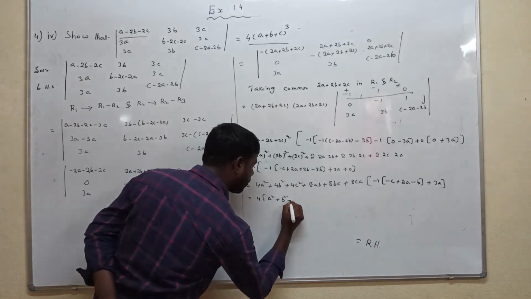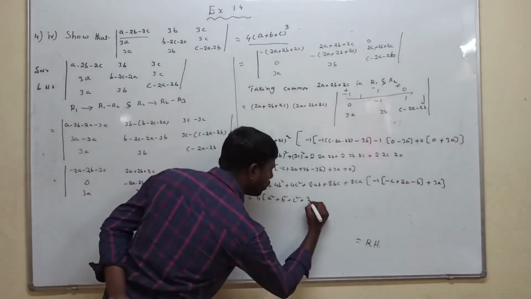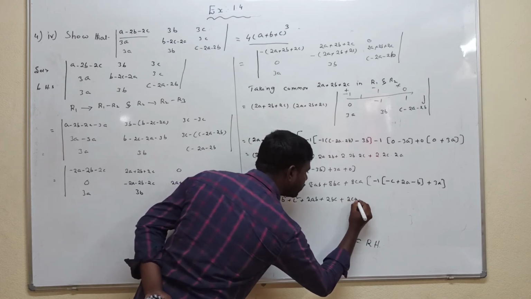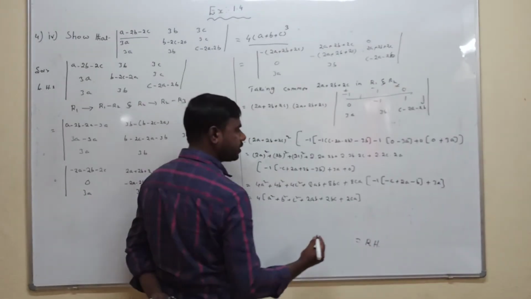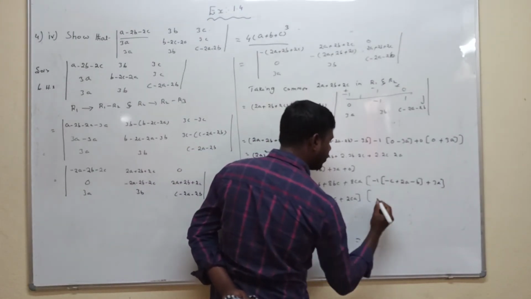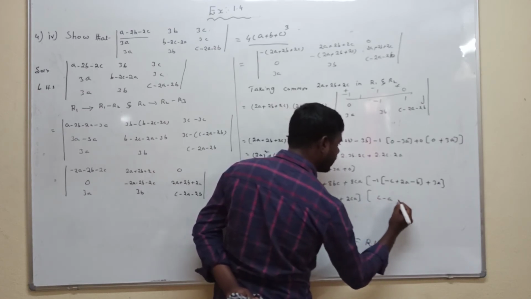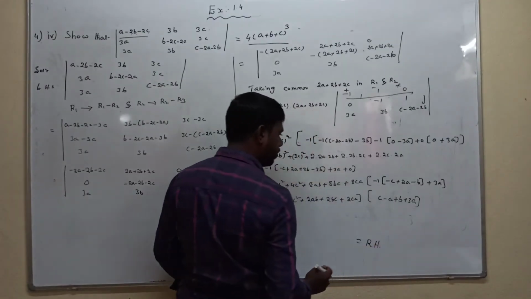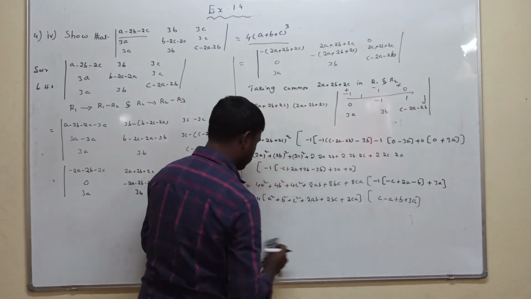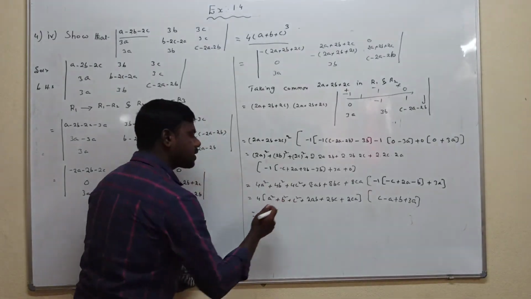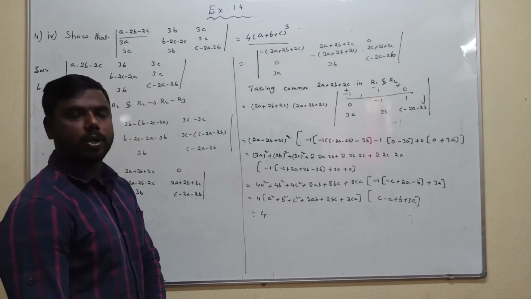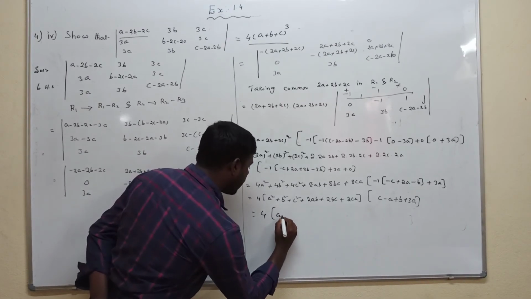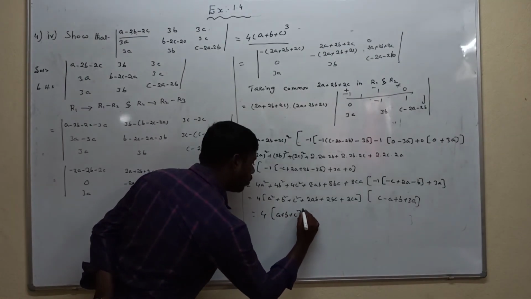a square plus b square plus c square plus 2ab plus 2bc plus 2ca. Next this one multiply with negative, c minus a plus b plus 3a plus 3a. Now a square plus b square plus c square plus 2ab plus 2bc plus 2ca can be written as a plus b plus c whole square form.